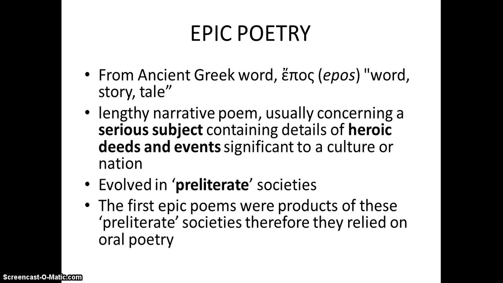It evolved in pre-literate societies, pre-literate meaning before writing existed. The first epic poems were products of these pre-literate societies, and therefore they had to rely on oral poetry. So it's highly likely that Homer first of all composed the poem in oral poetry form.